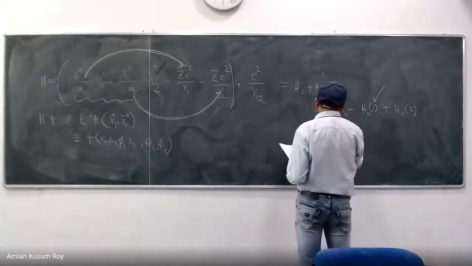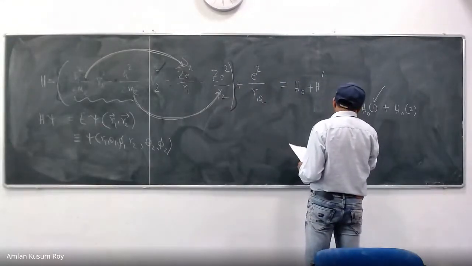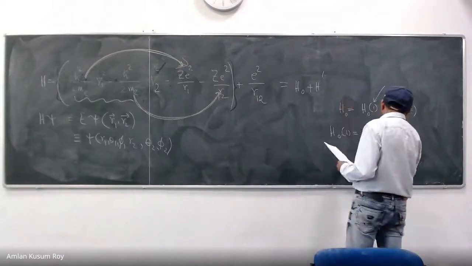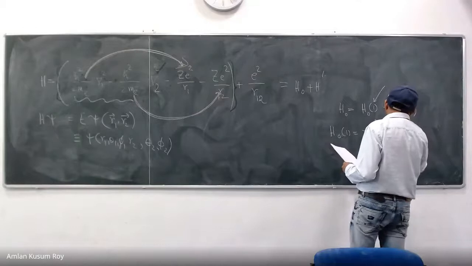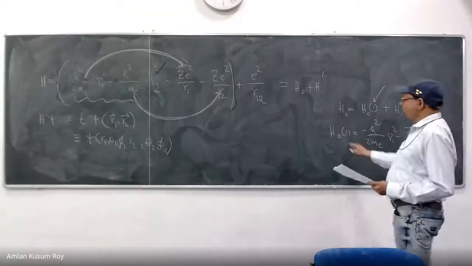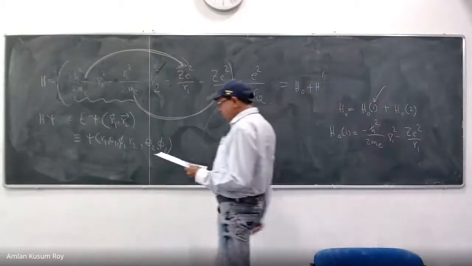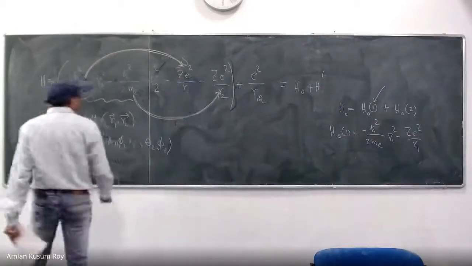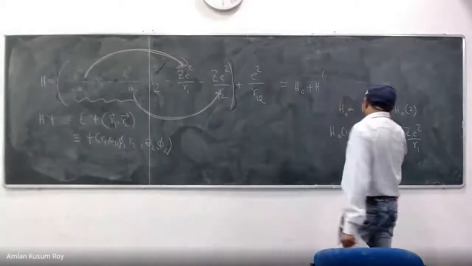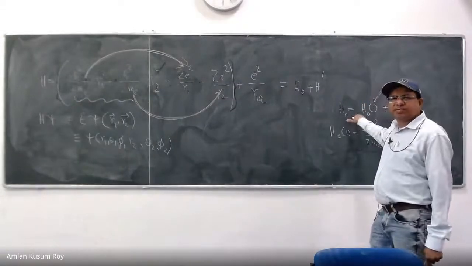So I can write H01 as minus H cross square over twice ME delta 1 square minus ZE square over R1, and similarly for H02. Now, what is this Hamiltonian? Why did I choose this? Because I know the solution of this Hamiltonian.